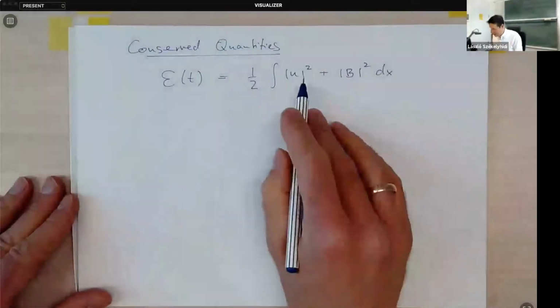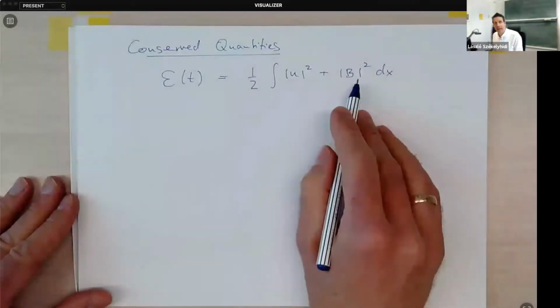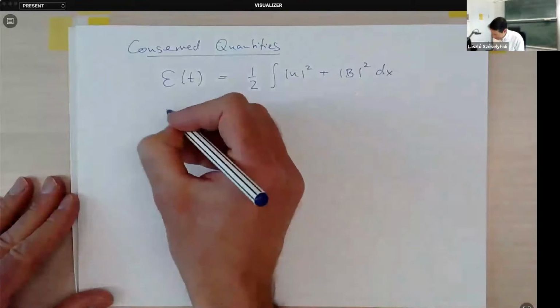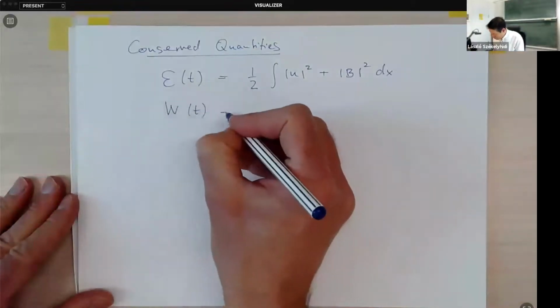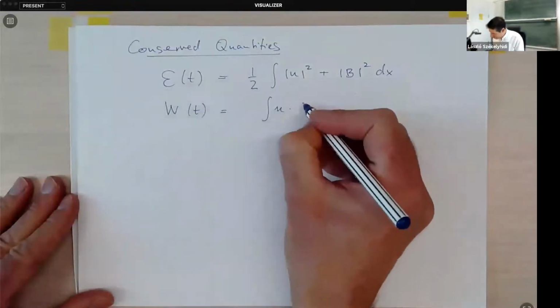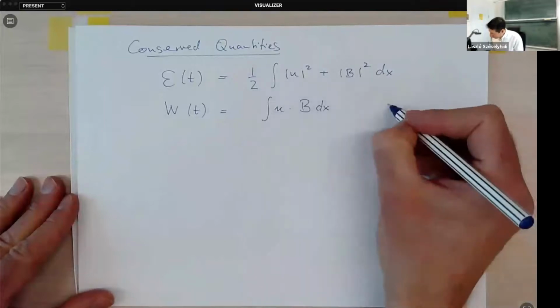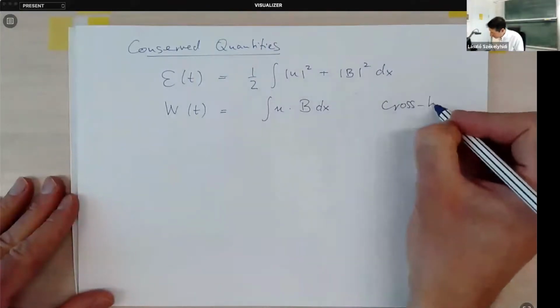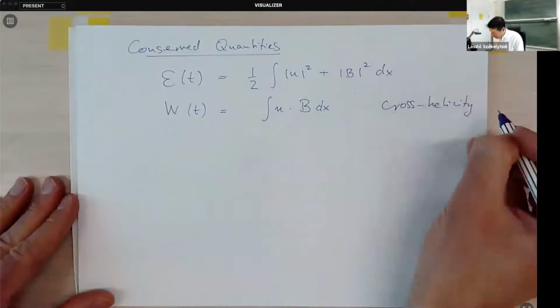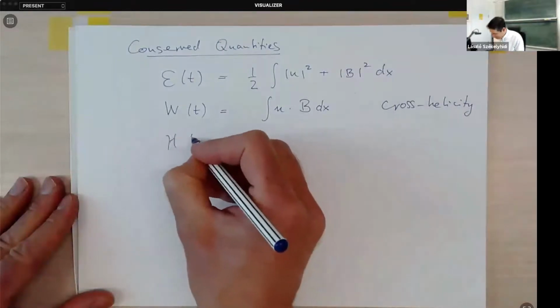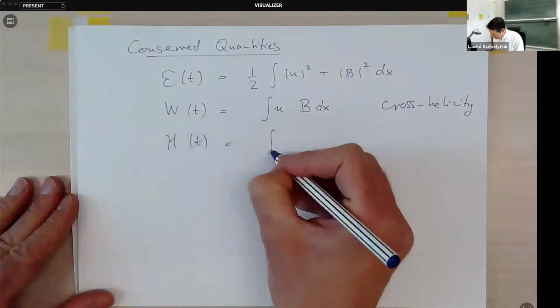So this would be the kinetic energy plus the magnetic energy. Then you have what is known as cross helicity, which is u dot b. So this is called cross helicity. And the third one is H, which is the magnetic helicity.